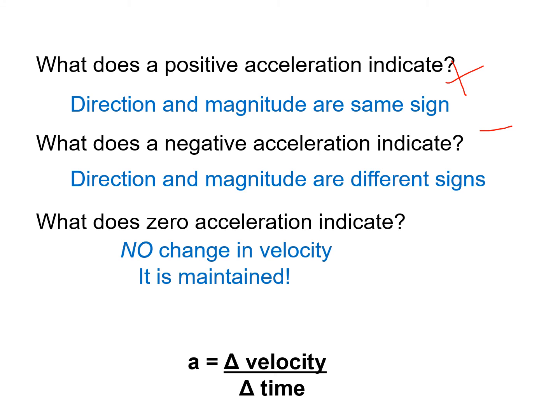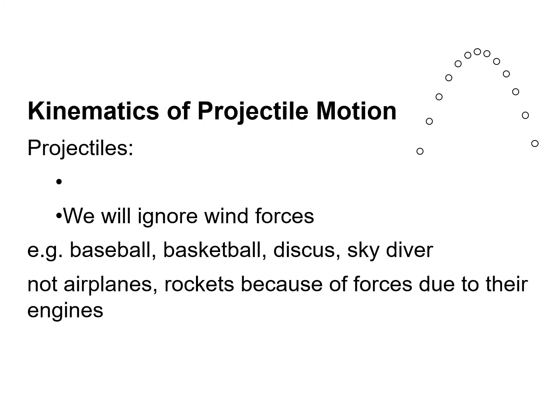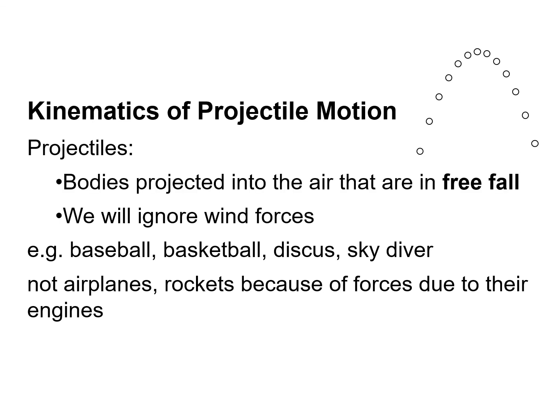That velocity is maintained. So now let's look at projectile motion. Projectiles are bodies projected into the air that are in free fall. For this class, we will ignore wind resistance or even water resistance if we're looking at somebody in water.